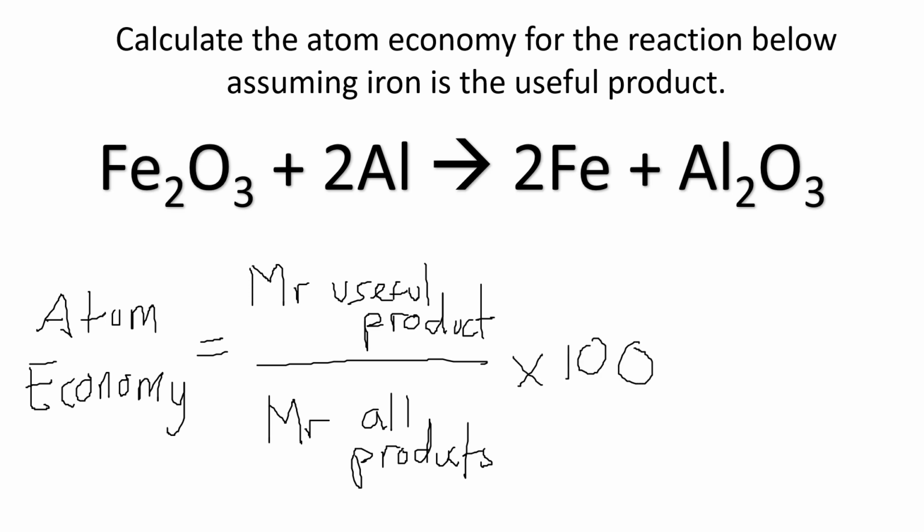So in our example here, the useful product is the iron, and there are 2 of them. We have to factor that into consideration. And then we also have to allow for the Al2O3, which is the alternative product. So let me clear the screen and I will talk you through how to do the calculation.